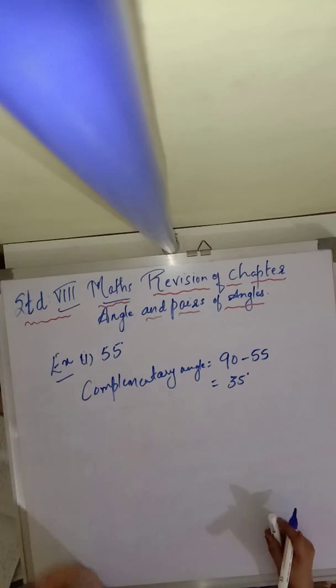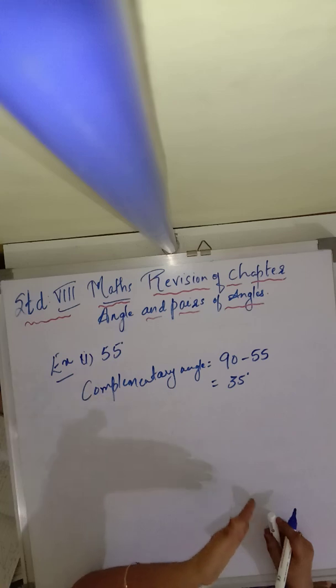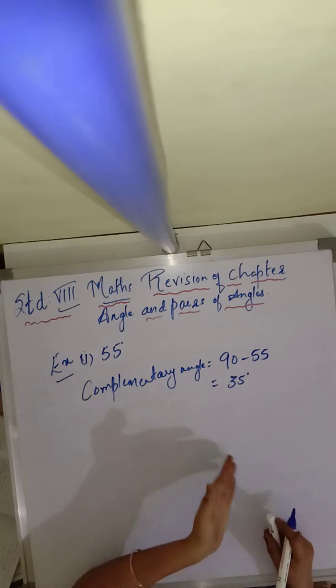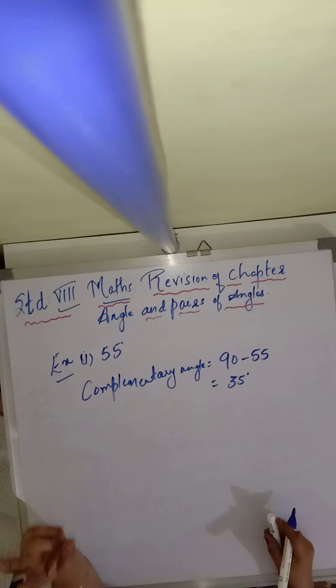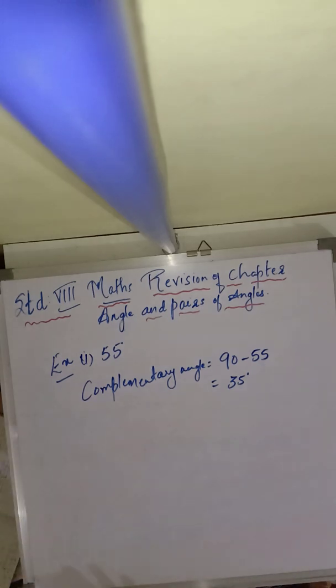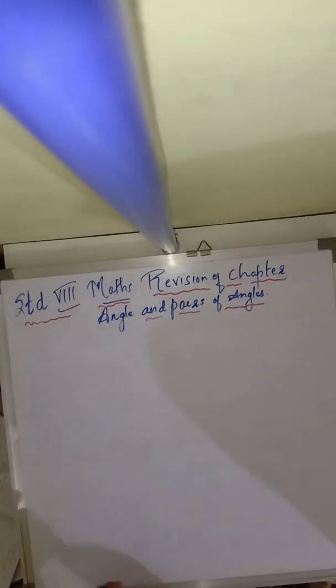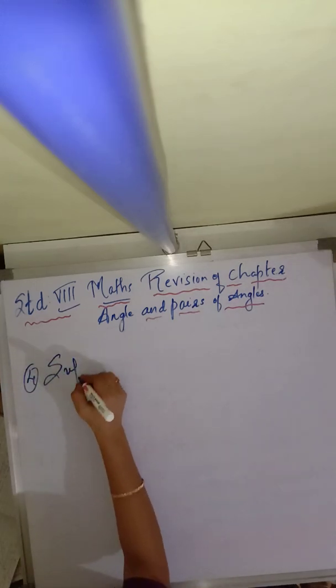Suppose one angle is 40 degrees, its complementary angle will be 90 minus 40, that is 50. Suppose 60 degrees, its complementary angle will be 30 degrees. Why? Because the rule of complementary angles is that the sum of the measures of the two angles should be 90 degrees. So I hope you have understood complementary angles. With this we move ahead children. The next concept we are going to learn is supplementary angles.